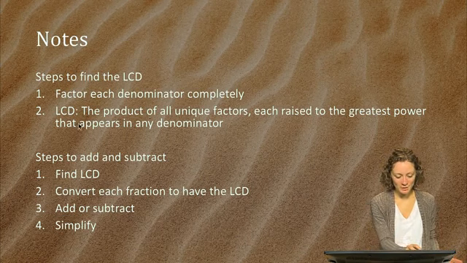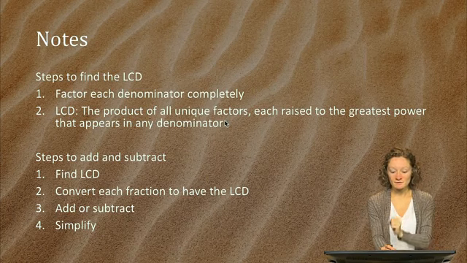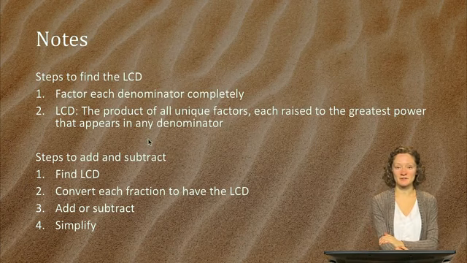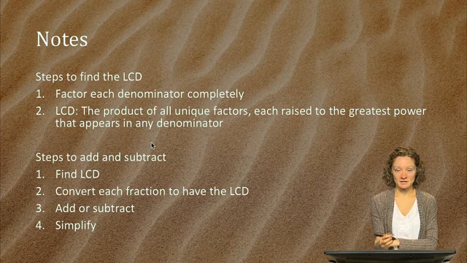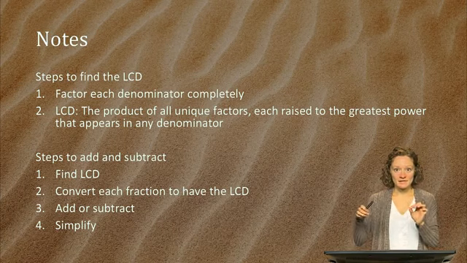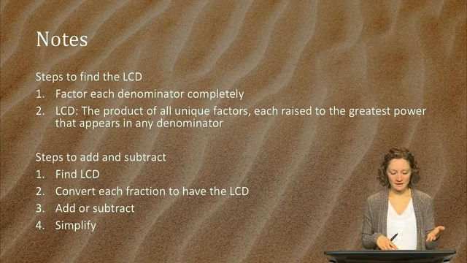So here's how you identify the least common denominator. It is the product of all unique factors, so multiply every different factor that you see, and they're each raised to the greatest power that appears in any of the denominators. So you'll identify all the different unique pieces and then raise them to the highest power that you see in any of the individual denominators. So those are our steps for finding an LCD.